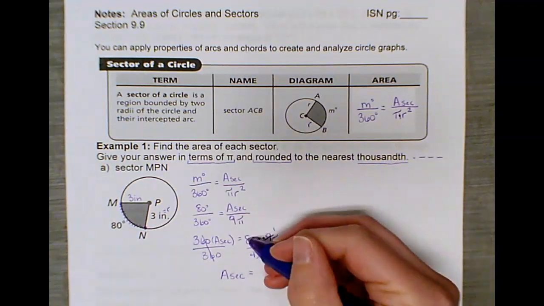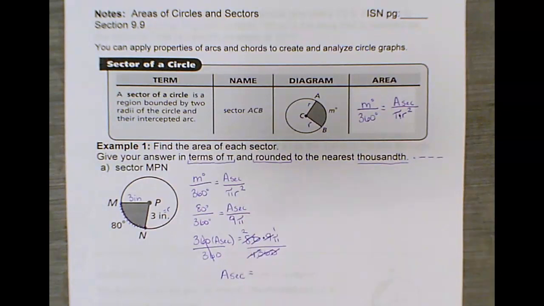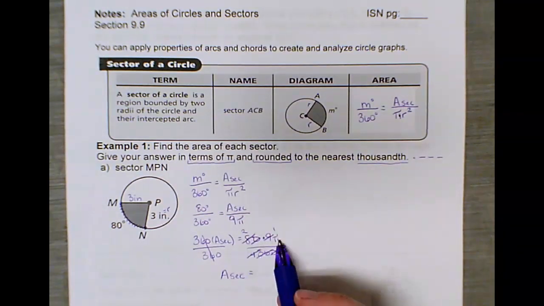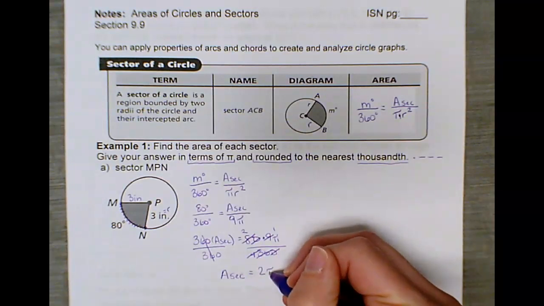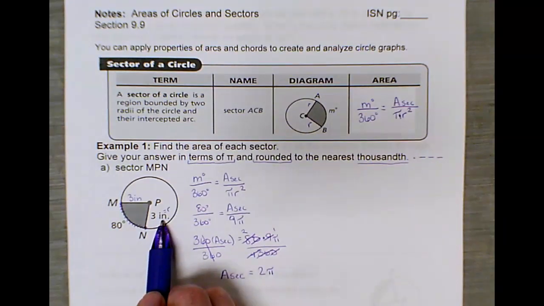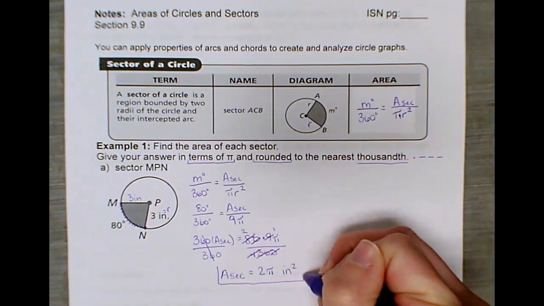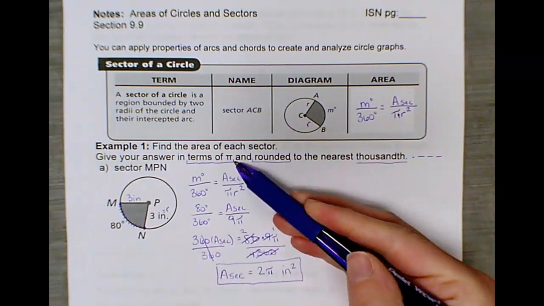I know that 8 and 4 are both divisible by 4. So that's a lot of simplifying in order to get an answer of 2 pi. And because this is an area of a sector, I'm measuring in units squared. So I have my answer in terms of pi.